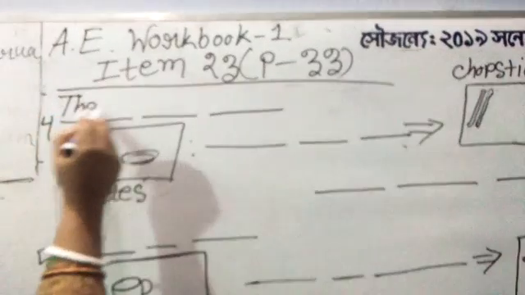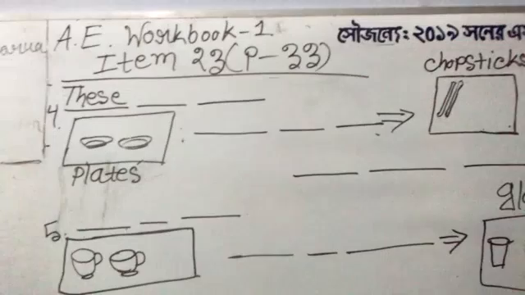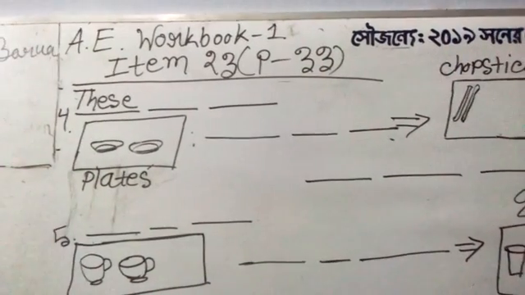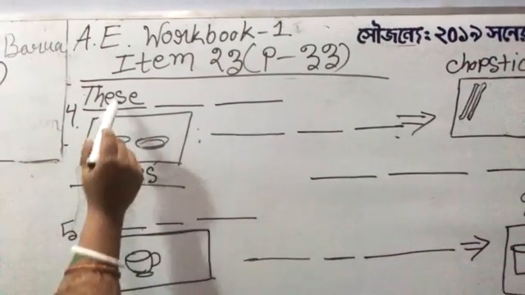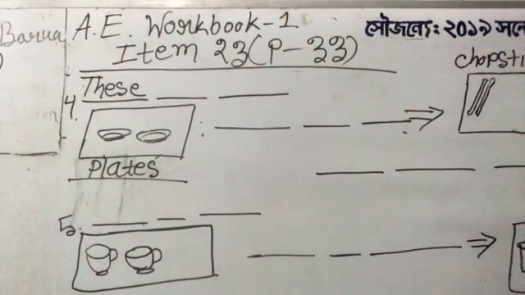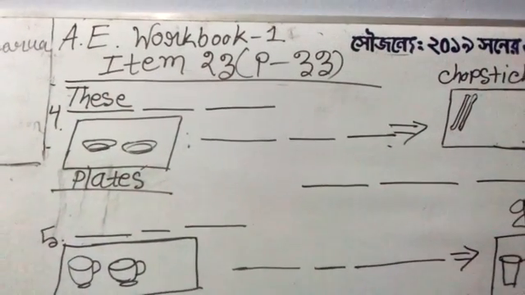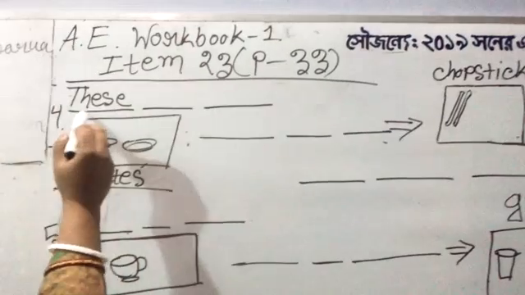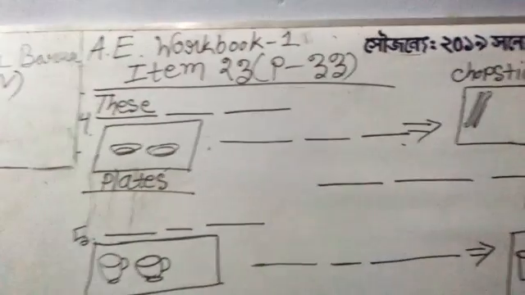These. Why THESE as plural, as pronoun here? Because plates means it is plural number. For plural number we have to use the pronoun these.